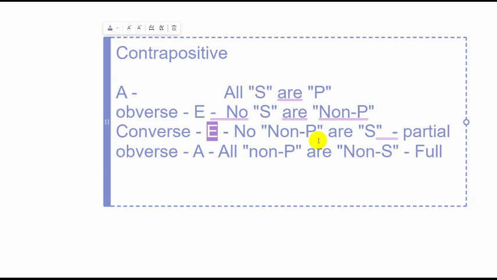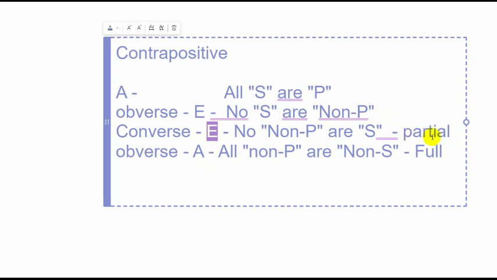Subject and predicate are replaced. E proposition remains E proposition. Subject and predicate are replaced. I proposition remains I proposition. Subject and predicate are replaced. Converse is not applicable to O proposition.